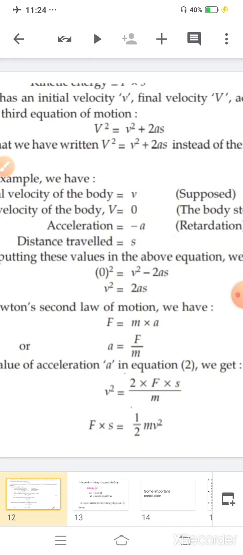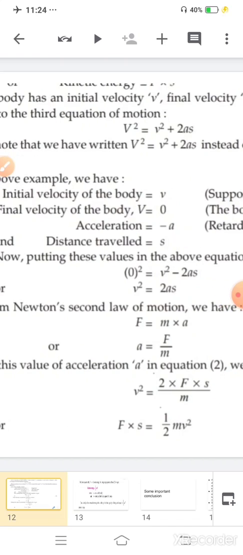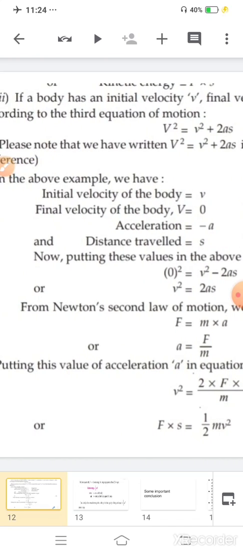Here your initial velocity is small v. In the above example, we have noted that initial velocity is v and final velocity is 0 because it will come to rest. Acceleration is minus a.